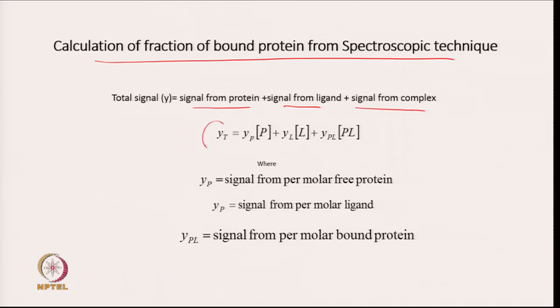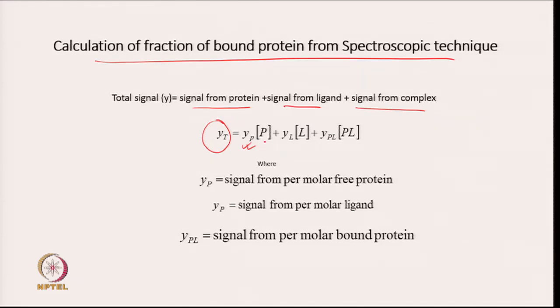And again here I will denote Y as a fluorescence signal, and YT means total fluorescence signal. So, it consists of signal from protein, signal from ligand, and signal from complex. YP will give you signal per molar free protein.